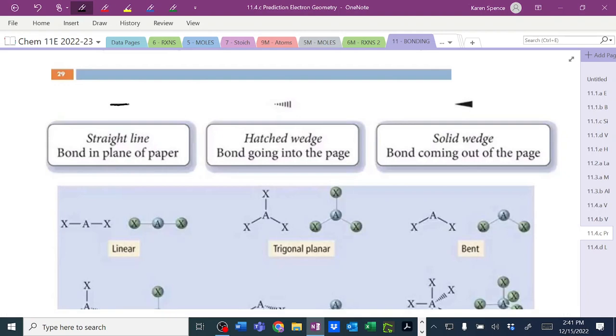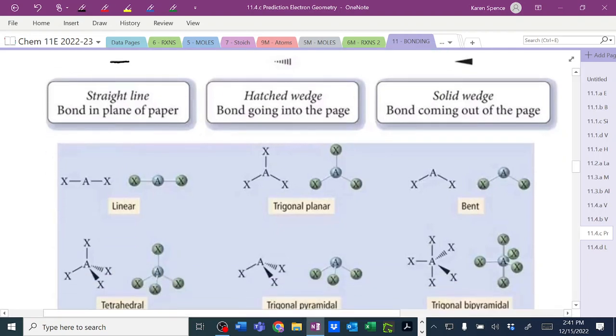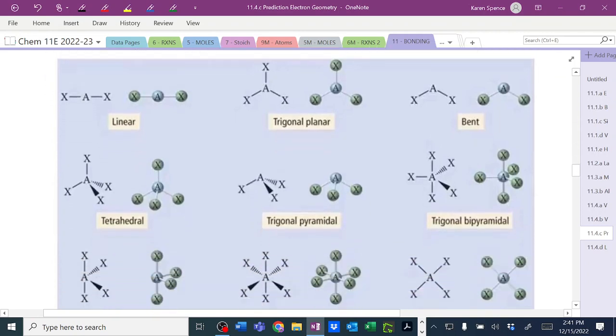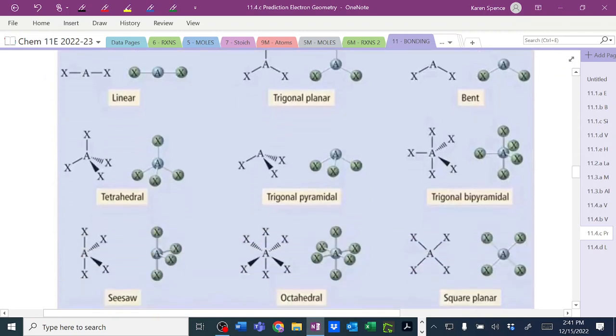A hatched wedge, which is where you have little dashes getting bigger, I can't really draw because that would require me to have some control over my pen, but that's going into the page backwards, and a solid wedge comes out of the page. So you can see the shapes are here. Very nice.